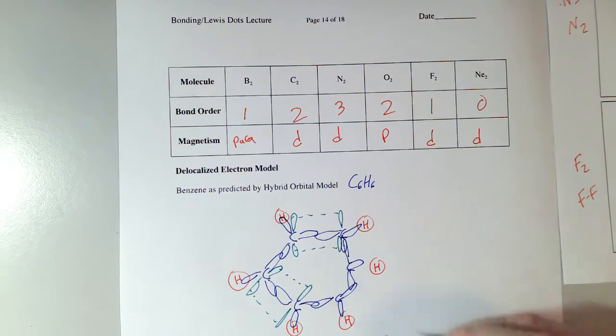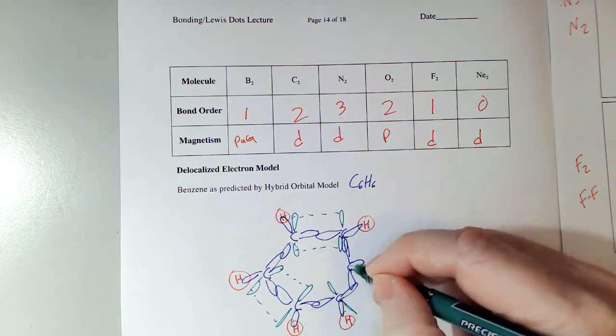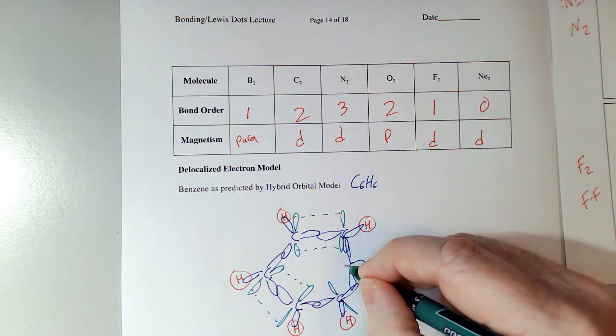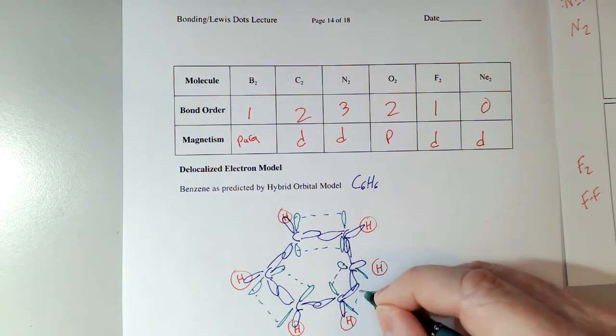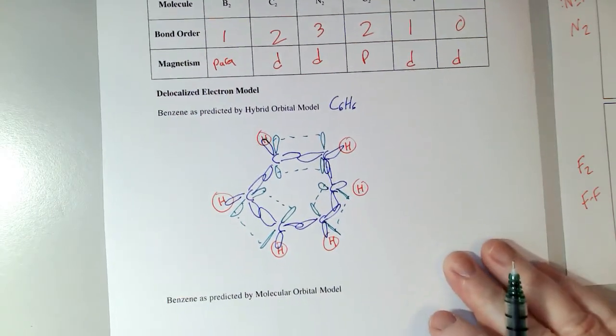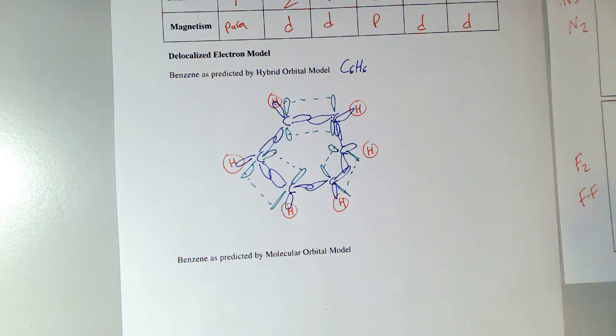I get a bond. Now this carbon has a leftover p, and this carbon has a leftover p, which gives me that other double bond. Now, one of the big problems with this is that I have localized electrons, and that's not cool.